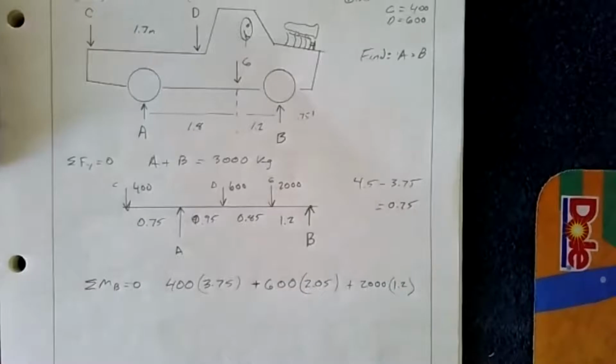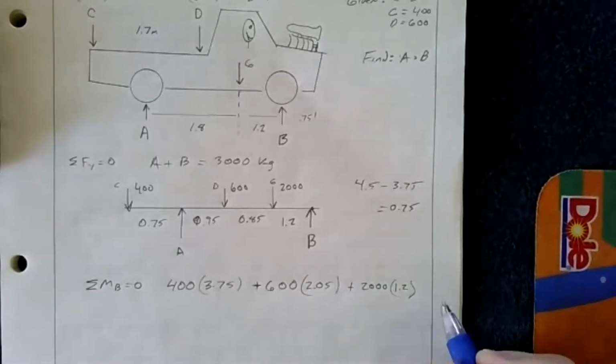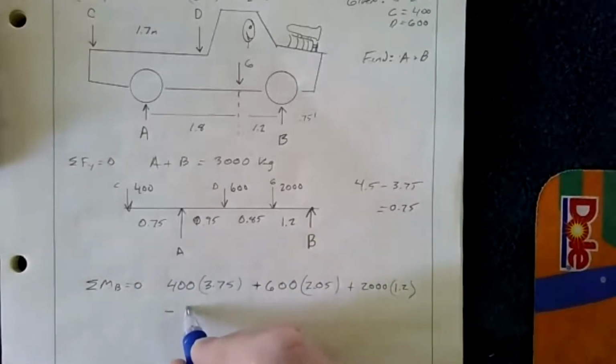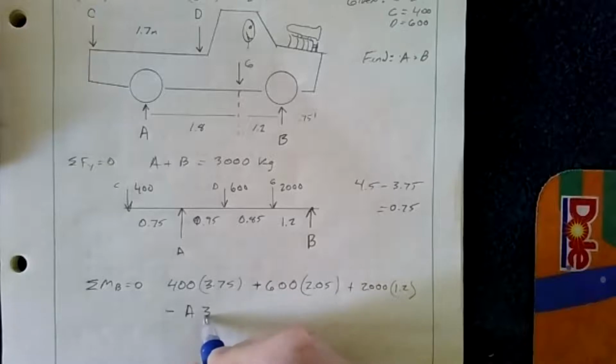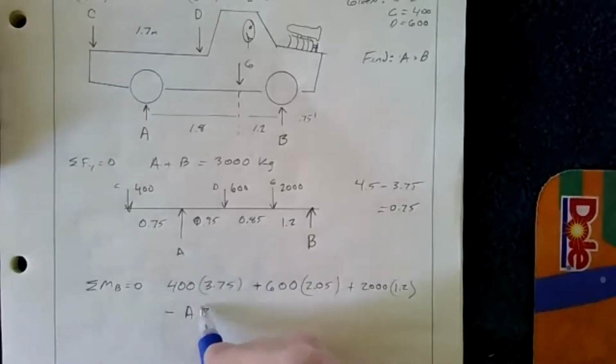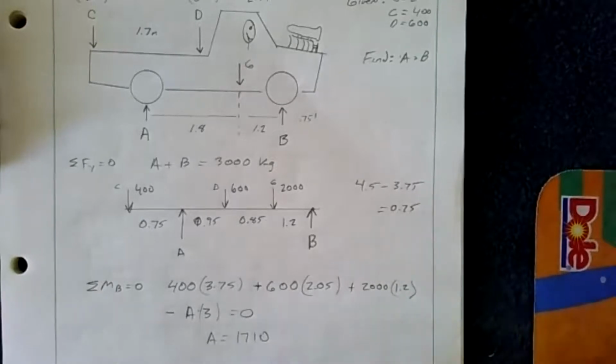All of that equals A times the distance, or minus A times 3, because that distance here is 3 meters, equals 0. Then I solve for A, and I get A equal to 1710.